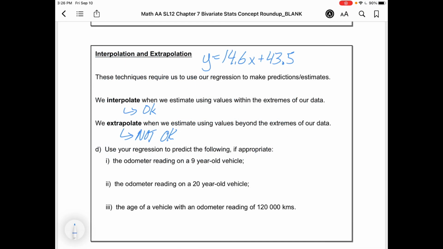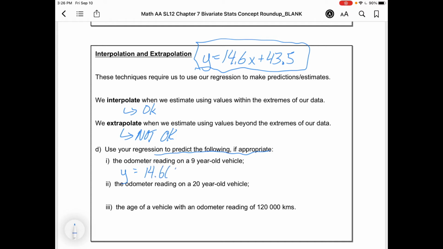So now that we have the regression equation, we can use it to actually predict some values. It says use your regression to predict the following if appropriate. The odometer reading on a 9-year-old vehicle. Remember, the age is x, so we have this regression equation, 14.6x plus 43.5. What if we put in 9 for x?